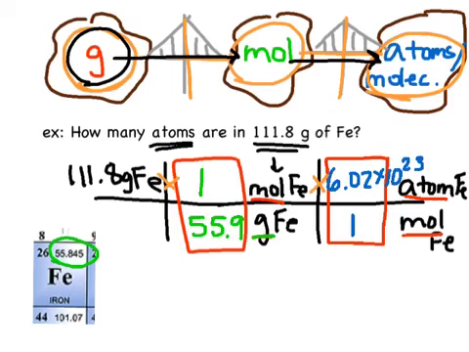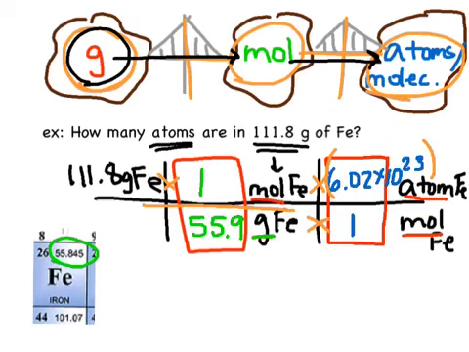When you put this in your calculator, always, always, always put these gigantic numbers in parentheses, so your calculator knows to keep it together and not separate it when it's dividing or anything like that. So put your Avogadro number always in parentheses in your calculator. All right, so you'll punch that in, you get the number, and then you can divide by what's on the bottom, 55.9 times 1, so 55.9.